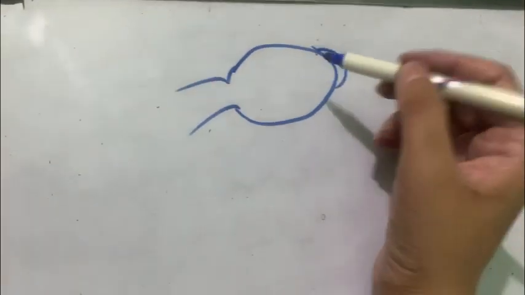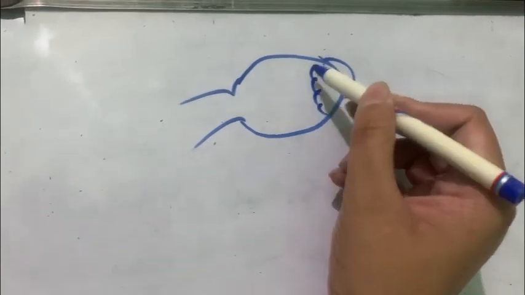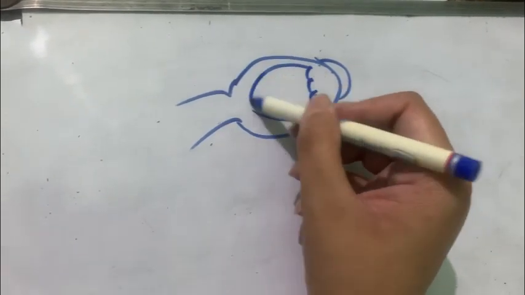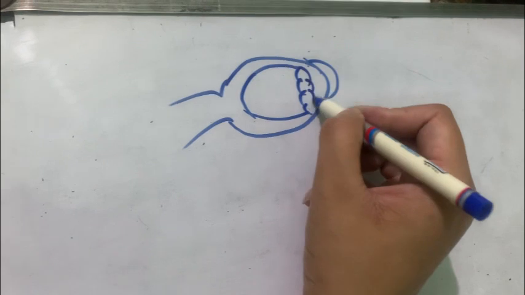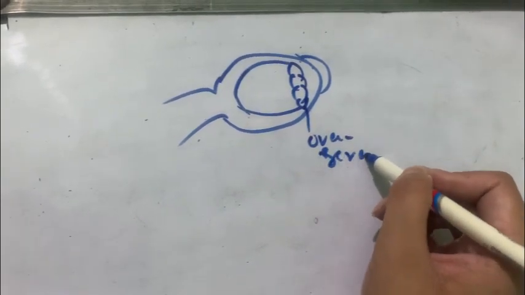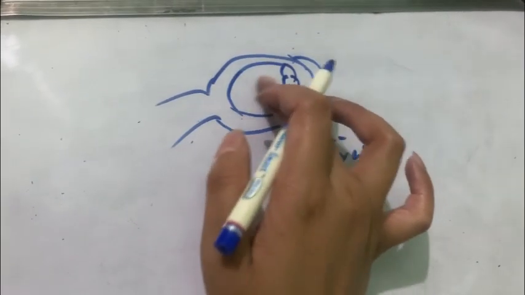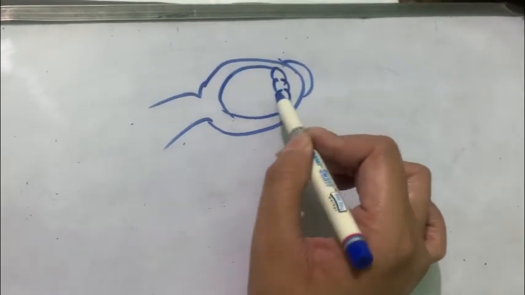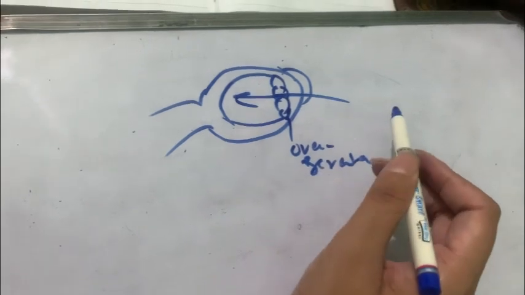If drawing ora serrata, it's something like this. So these are the wavy margins, this is ora serrata, and this is retina. This is the outer retina and inside of it is inner retina.